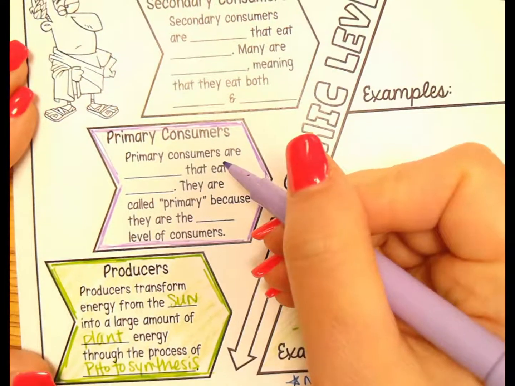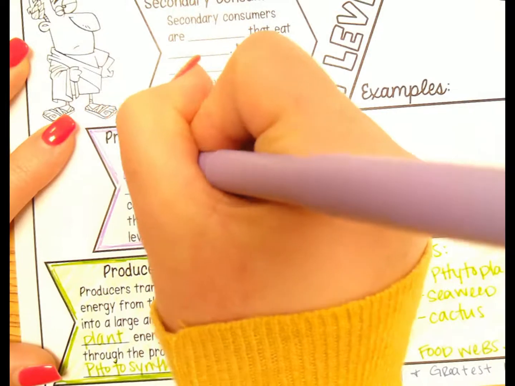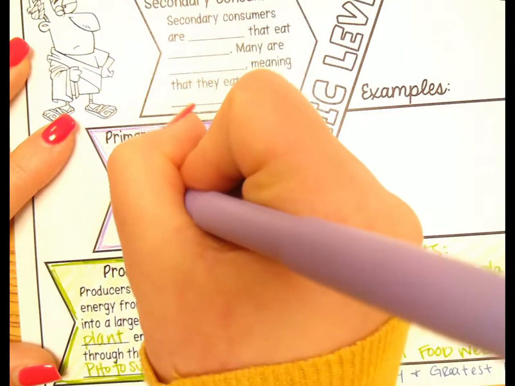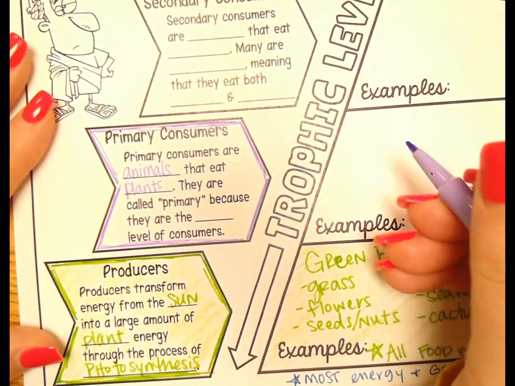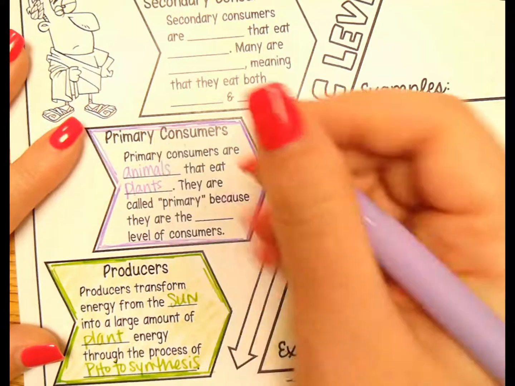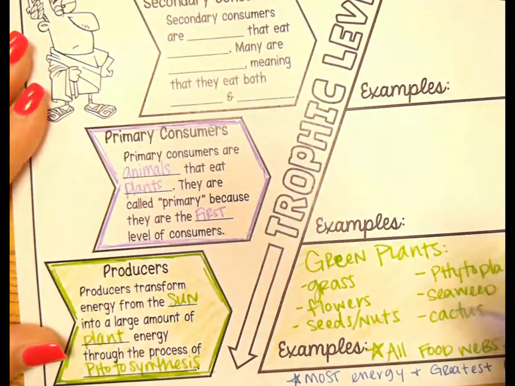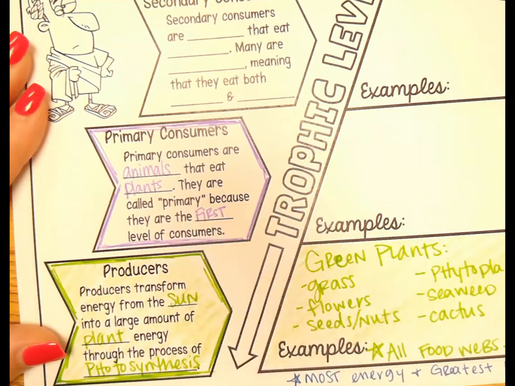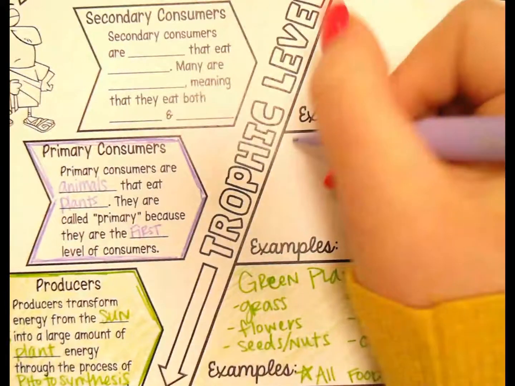Okay, so primary consumers are animals that eat plants. At this stage, these are herbivores, right? And they're called primary because they are the very first level of consumer, right? Not the first level of the pyramid, but the first level of consumer, the first organisms that eat something else, the first heterotrophic level.